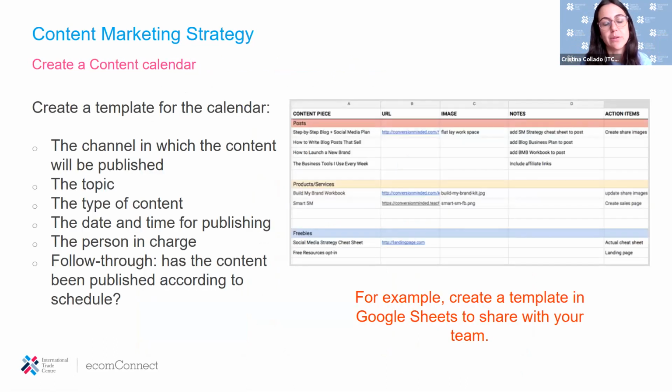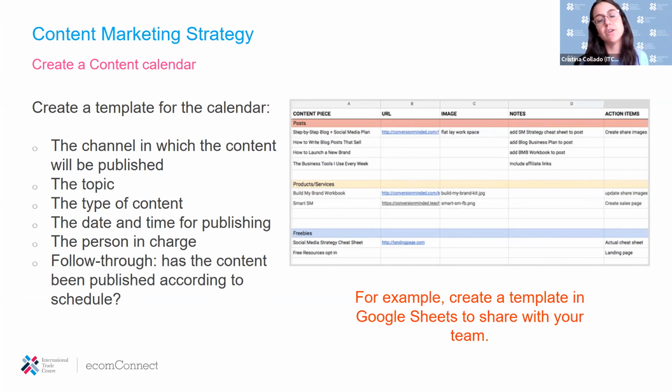And a point that we mentioned before, which is very important, is creating a content calendar. A content calendar is a schedule of what and when and where you're going to publish your content. We can make it very simple. For example, we can even use just Google Calendar to do this.